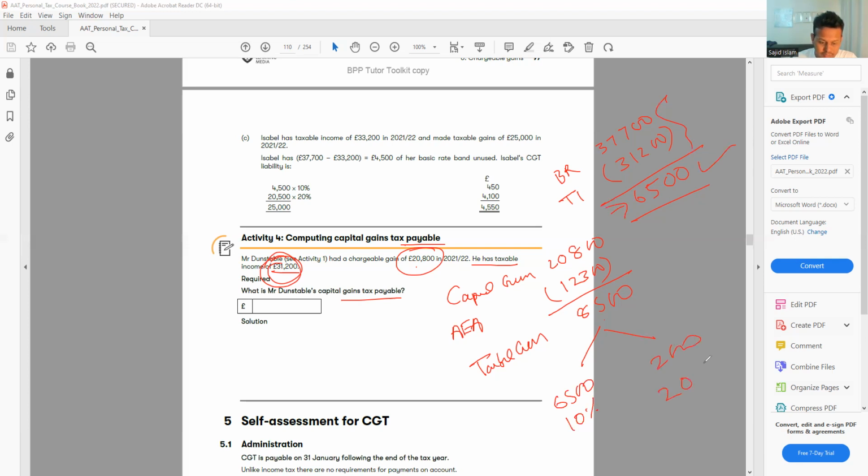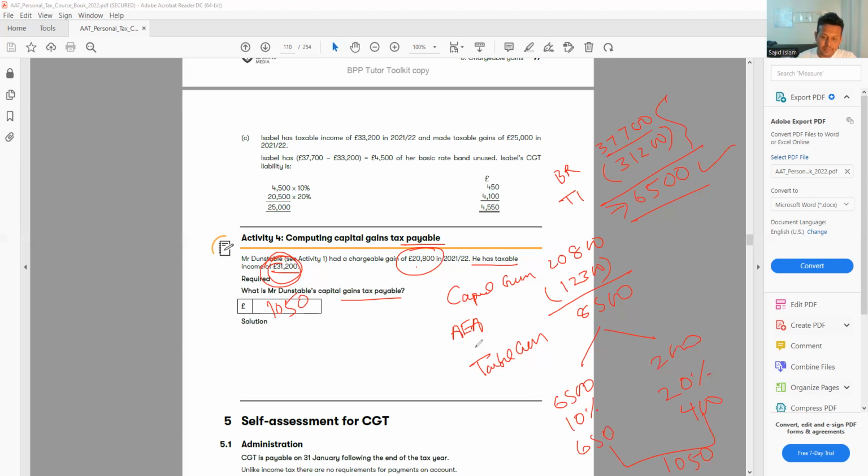This one he has to pay 20%, because anything more than 37,700 he needs to pay 20% tax. So this gives me 6,500 times 10%, 650, and 2,000 times 20% gives me 400. Now see, if we add these two, that will give me 1,050. This is my total capital gain tax you have to pay. So 1,050.